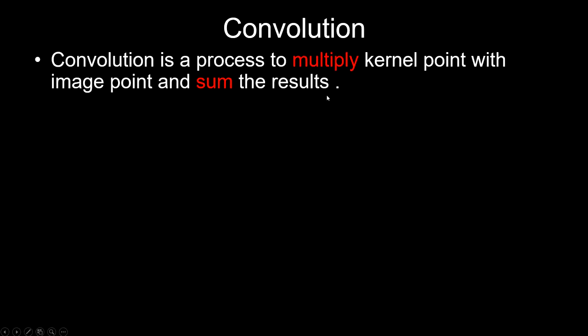The second part is we perform the edge detection by using the process named the convolutional process. The convolution is basically two types of process. The first one is to multiply the kernel with the image, meaning that every point in the kernel will be multiplied with the image, and then later on just sum up all the results of the multiplication.